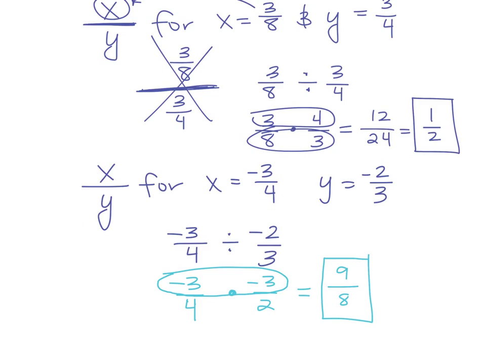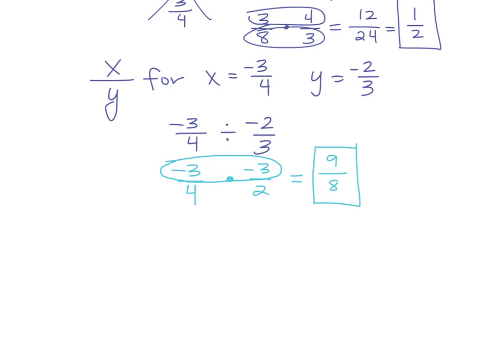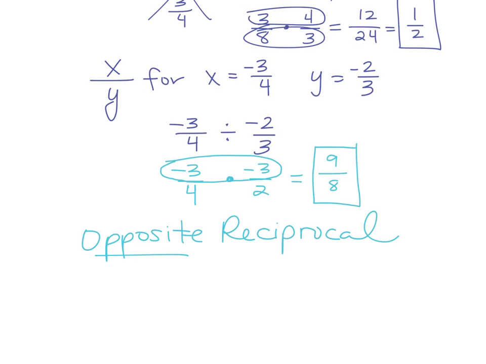Okay. So for these problems, we've been taking a reciprocal, right? We've been flipping things over. You're going to also see in the future something called the opposite reciprocal. So I just want to make sure you get what this is. An opposite reciprocal. Opposite means positive to negative or negative to positive.